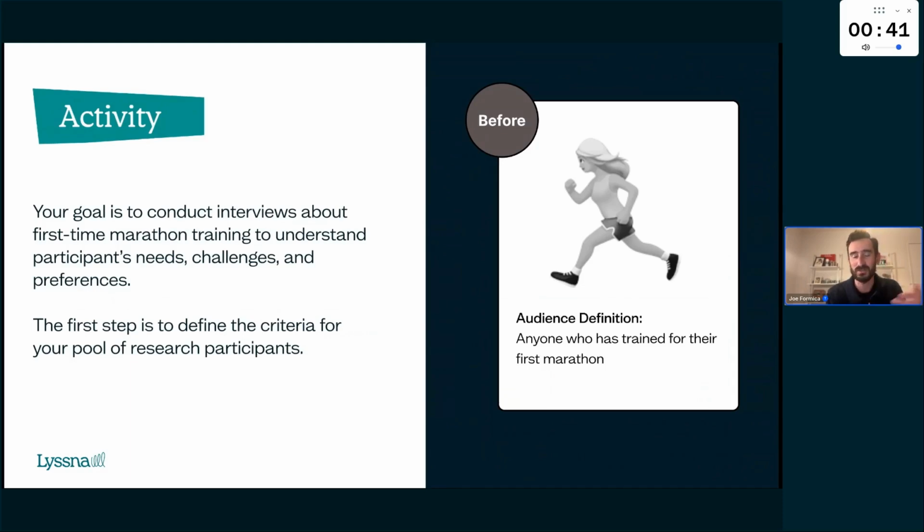Based on what we just talked about, we know this is going to be too broad. And while we will certainly get a lot of people who meet that criteria and maybe a lot of interviews scheduled, what happens after that is going to lead to a lot of wasted time, both conducting interviews with people who don't have relevant experience and then trying to make sense of all that to help us make decisions on how to potentially build this marathon training feature.